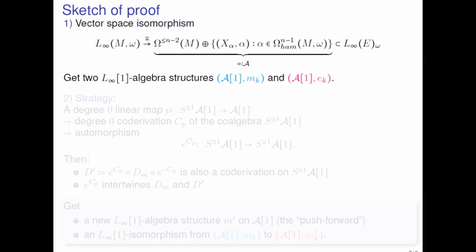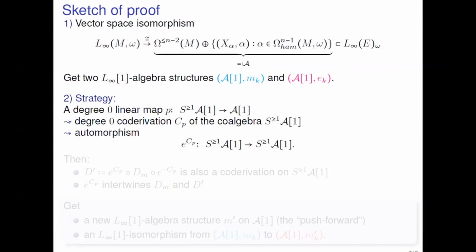That's good. And the strategy is the following. This is a general fact. If I give you any arbitrary linear map, never mind the degree shift by 1, that's a technicality, on the symmetric tensor power of A, so if you give me any degree 0 linear map from here to here, it can be extended to a coderivation of this, which is a coalgebra. This is an algebraic structure.